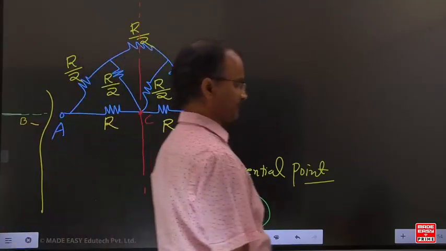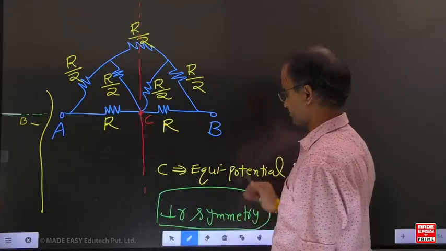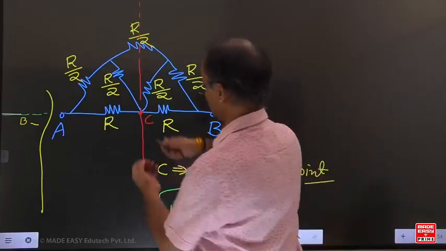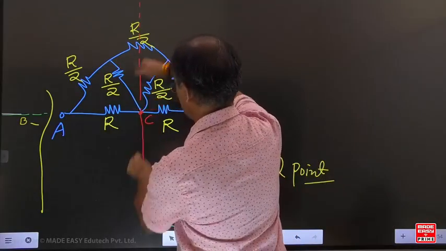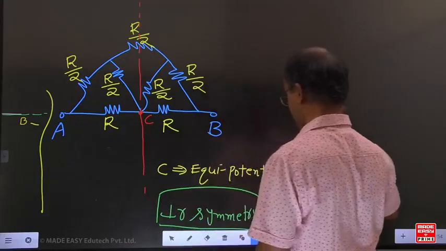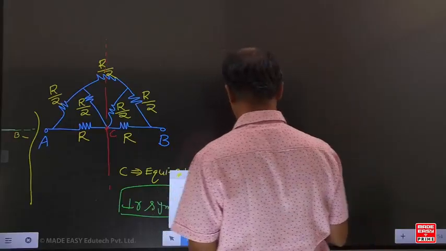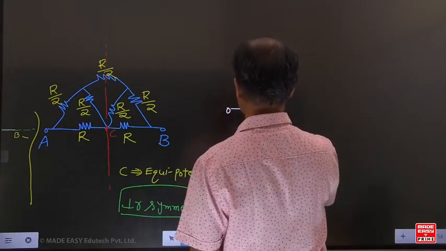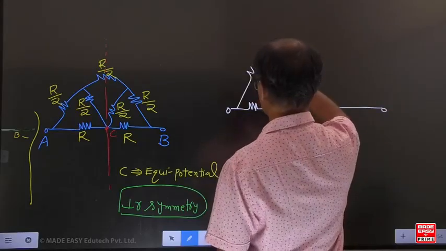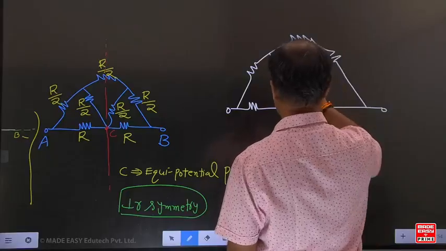Previously concluded: with respect to perpendicular symmetry, whenever you indicate a dotted line, if any joints are there, we name that as an equipotential point. I conclude one more statement also. Every time this equipotential point is disconnected along the dotted lines.